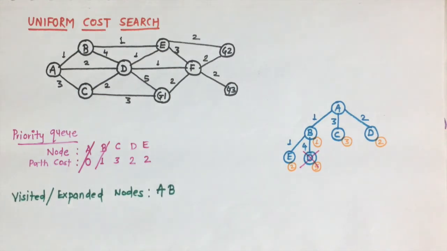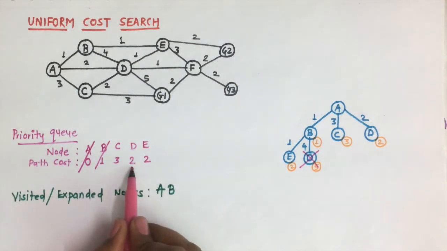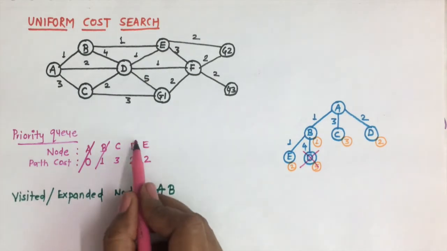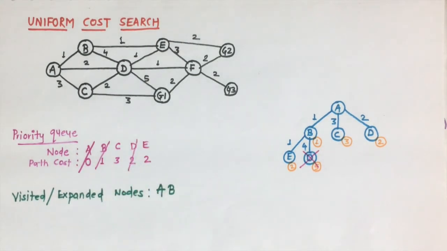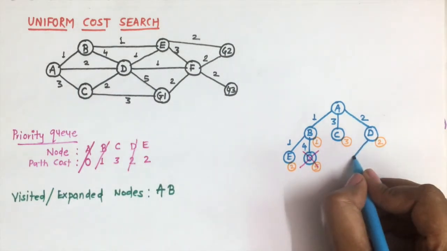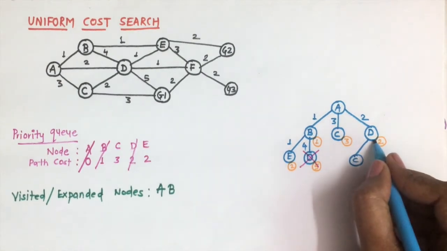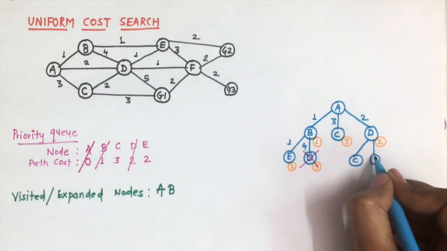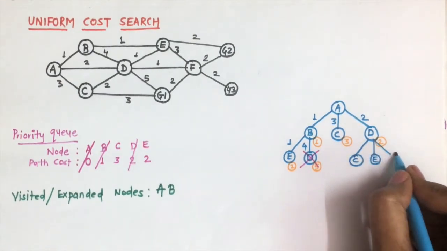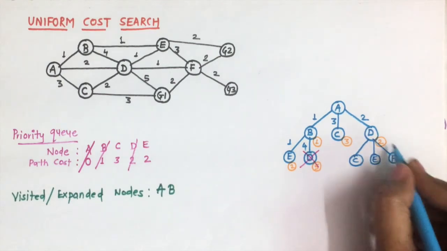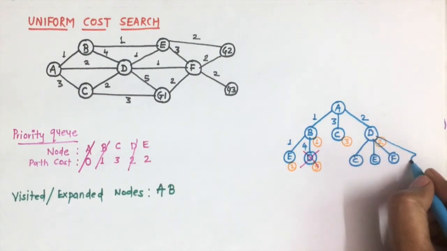Now there are 2 nodes with the same path cost, so we will follow alphabetical order and we will expand node D. Node D has 6 adjacent nodes, node A, node B, node C, node E, node F and node G1. A and B are already visited or expanded, so node C, E, F and G1 will be considered.